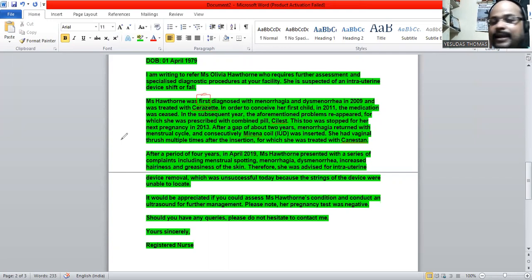It's a trade name, so we have mentioned it in capitals. The drug name is written in capitals. In order to conceive her first child, the medication was ceased.